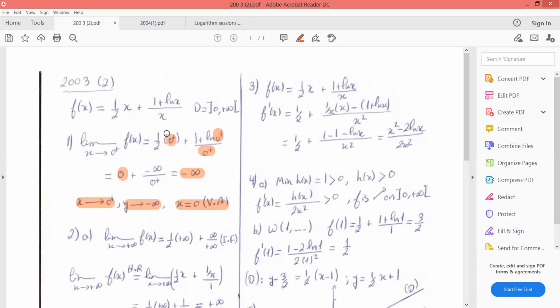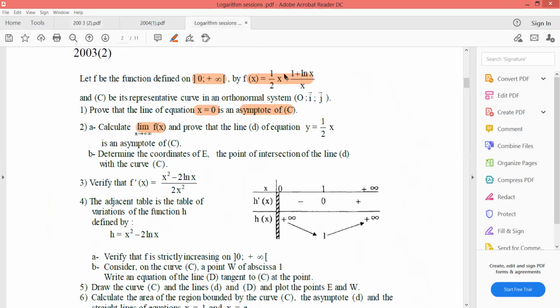Second part, calculate the limit of f(x) as x tends to plus infinity. How to calculate the limit as x tends to plus infinity? How much would be the limit here? If we replace x by plus infinity, how much do we get?